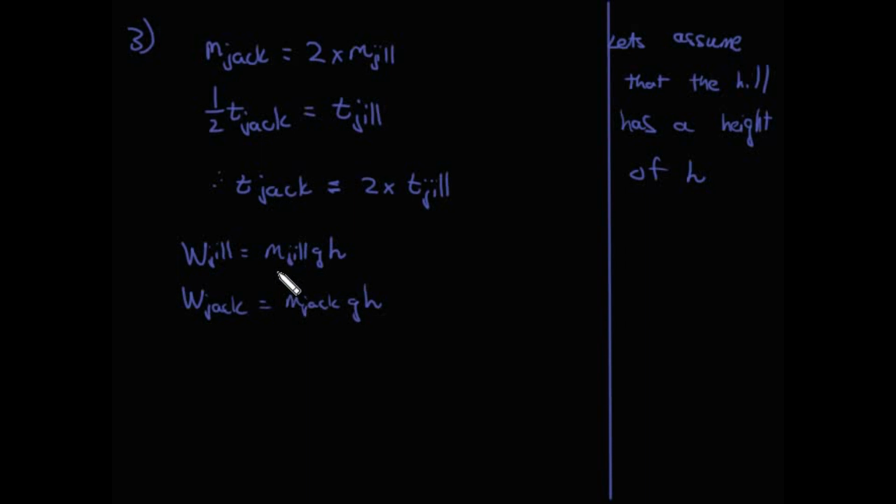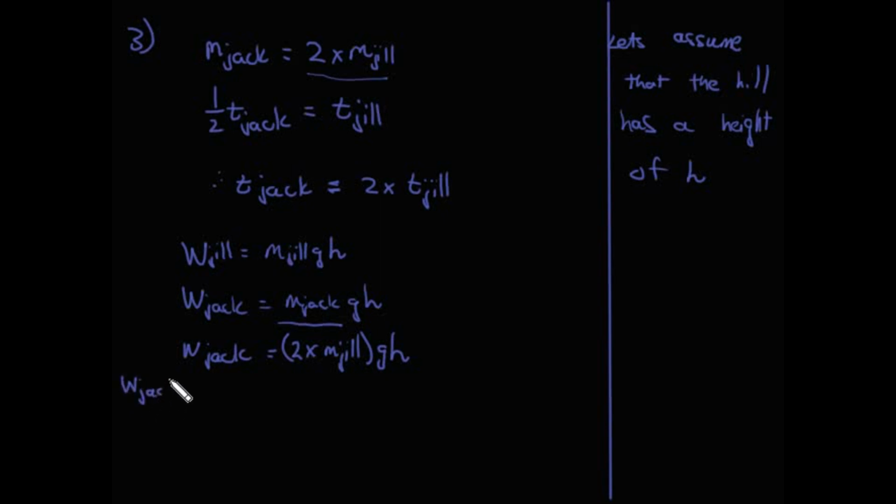Now what can we see here? We know that the mass of Jack is twice that of Jill's mass, so we can sub that into the formula. Therefore the W, or work that Jack did to get up the hill, is equal to 2 times the mass of Jill times gravity times height. We can take the 2 out of that formula and write it closer to the margin to have more space.